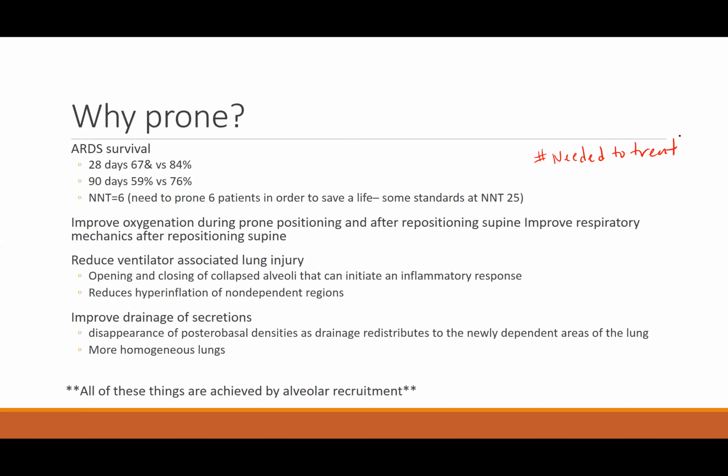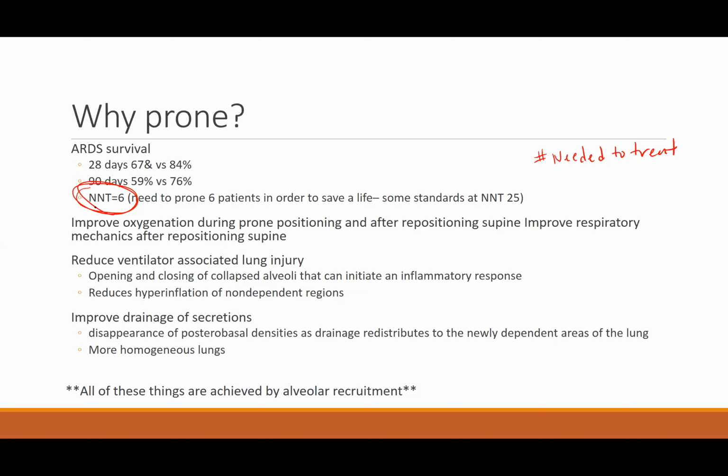And we consider that to be really strong evidence that this is the best practice. So an NNT of 6 is actually incredibly statistically relevant and should indicate to you that this therapy has the potential to save a lot of people. If we go back to that prevalence of ARDS in the United States, almost 34 per 100,000, we have the opportunity to really make a difference in some of these people's lives.